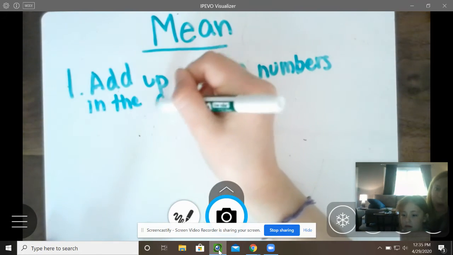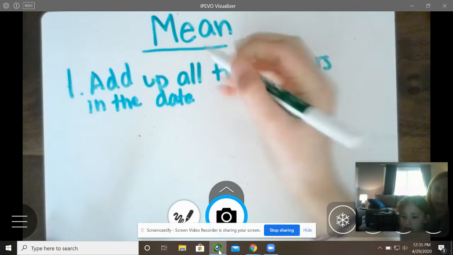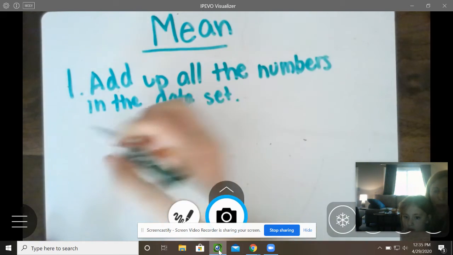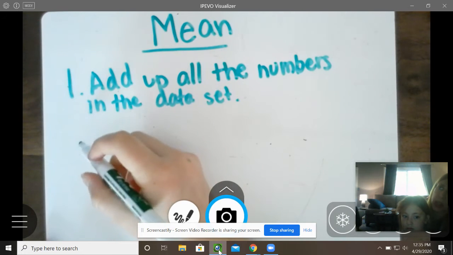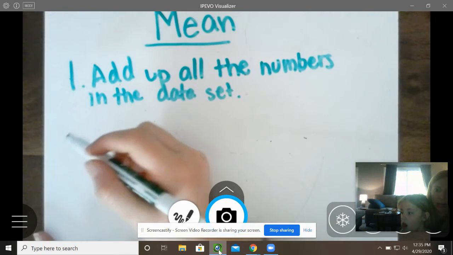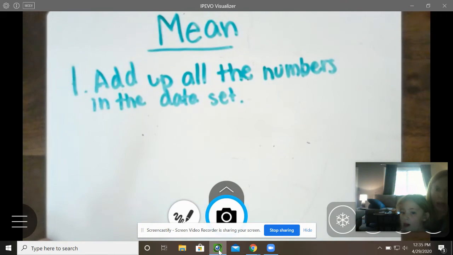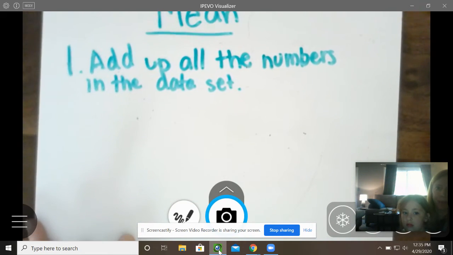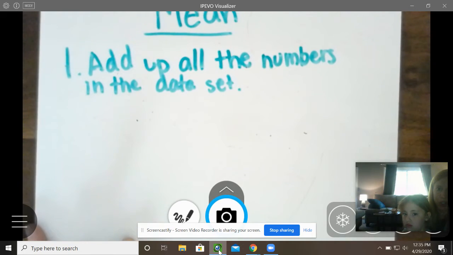Another way might be the age of kids who play video games. So you could ask, I wonder what the average age is for kids who play video games. So we're going to learn how to find the average.